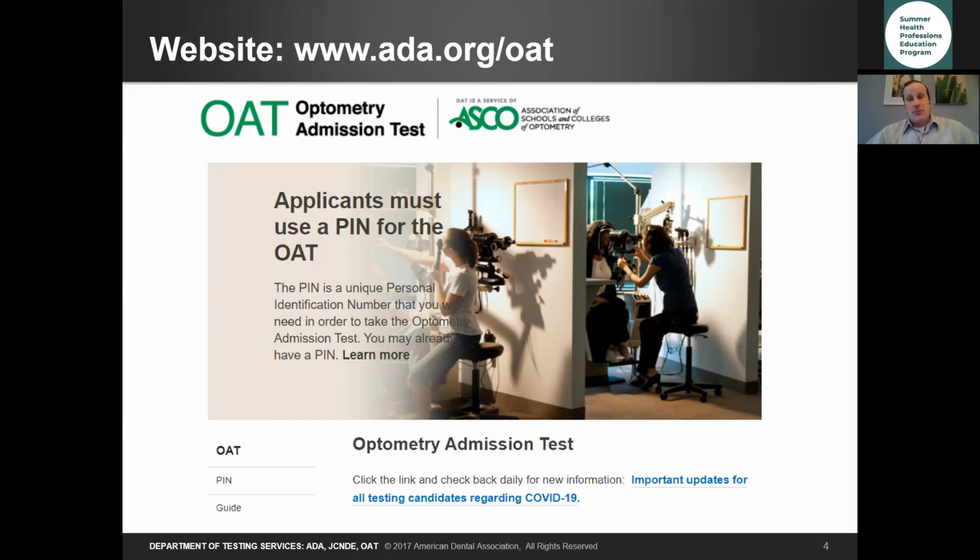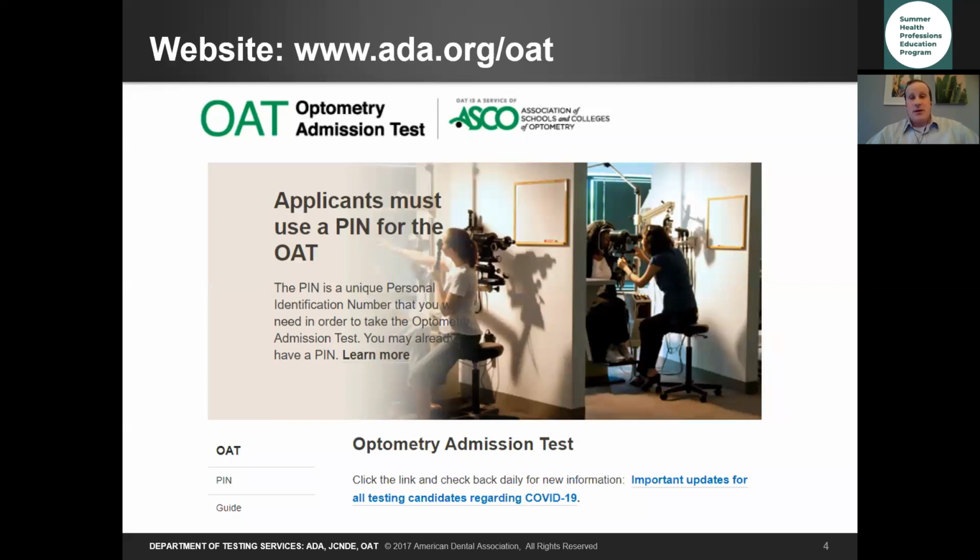When you submit your application to take the test, you will be asked to confirm that you have read and understood the OAT guide. It contains, in addition to the general information that you will need to know, all of the rules you are agreeing to follow as you take the test. So I certainly recommend that you do read through that, since you will be agreeing that you have read it when you apply for the test.